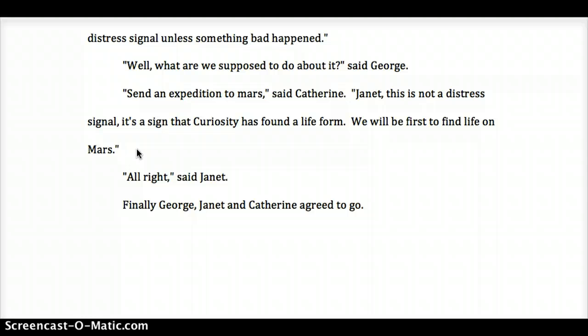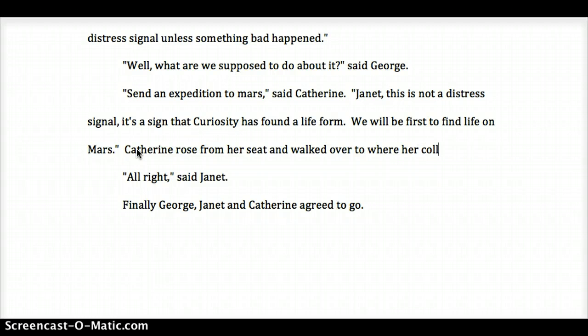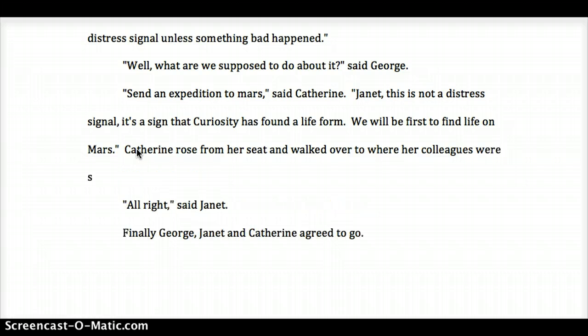She's very excited here. So Catherine rose from her seat and walked over to where her colleagues were sitting.